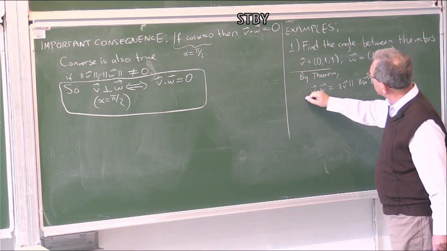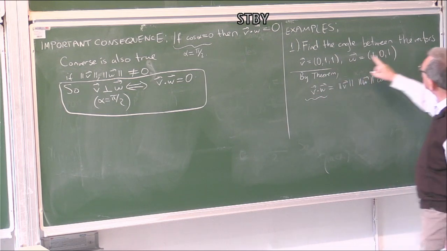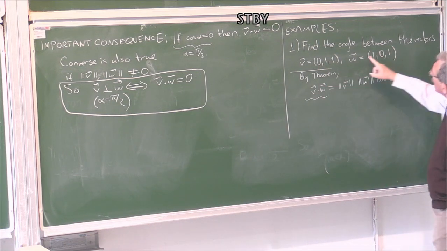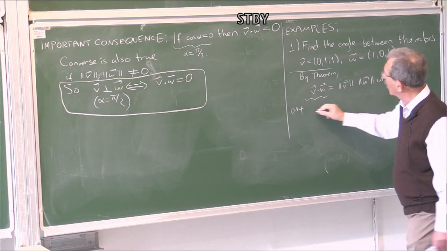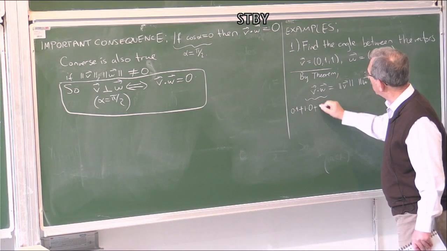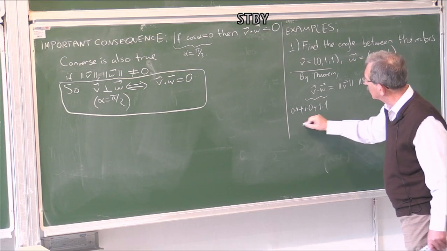Well, we can calculate these one by one. V dot W is very easy: 0 times 1 plus 1 times 0 plus 1 times 1, so it is 1.